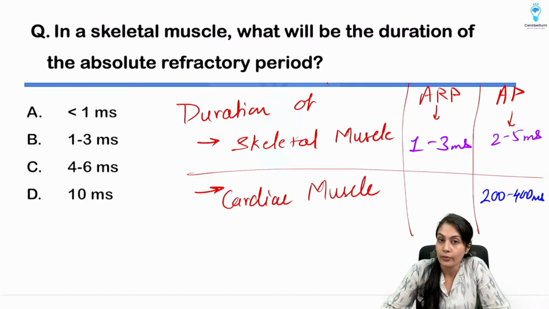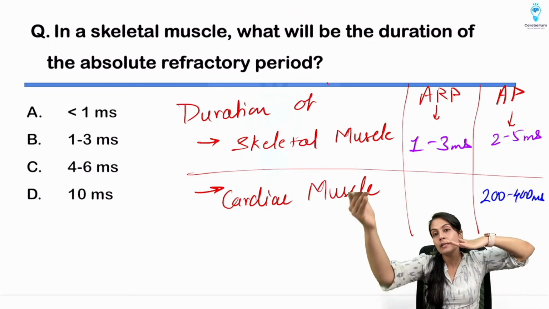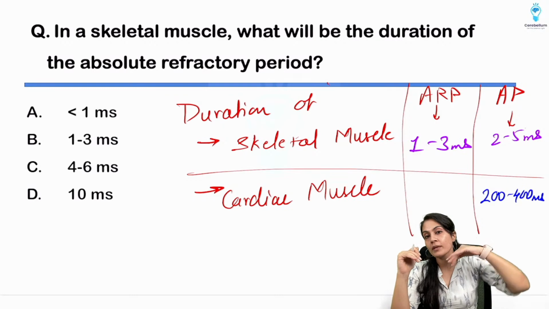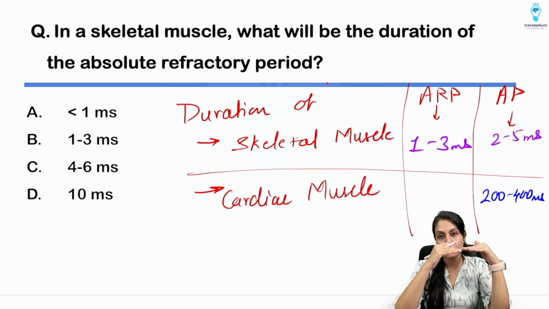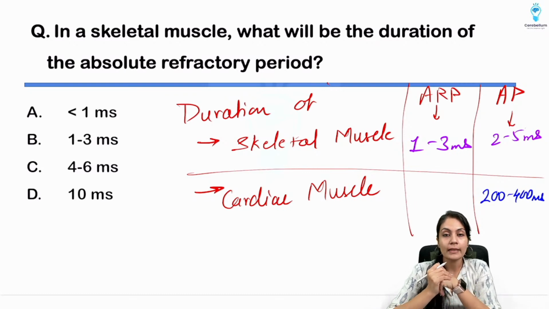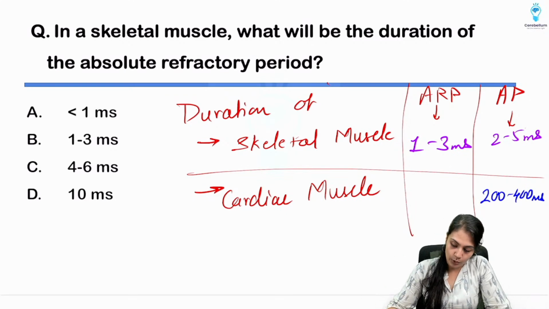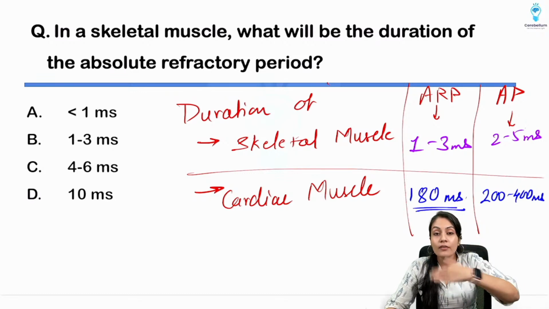We have discussed that already: whenever the potassium channel opens, suddenly the calcium channels also open in the cardiac muscle cell, and that's why there is no change in the potential in the cardiac muscle for a long time, and that means the ARP is prolonged. There is no one-third repolarization which can be reached early, and that's why the cardiac muscle is going to take more time. So please remember, it is going to be around 180 milliseconds. You can see the difference.